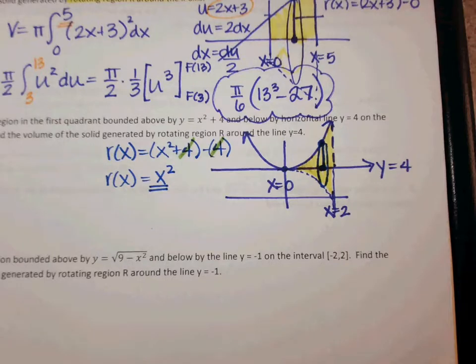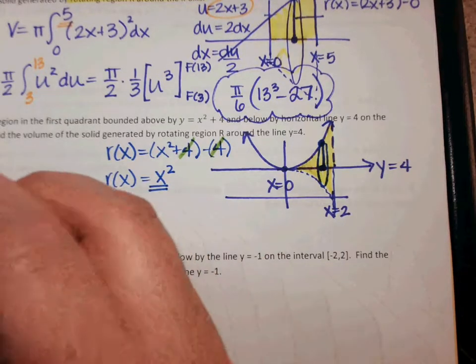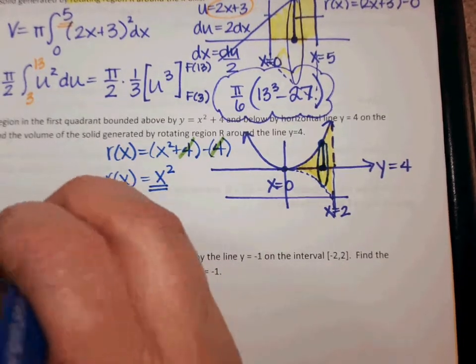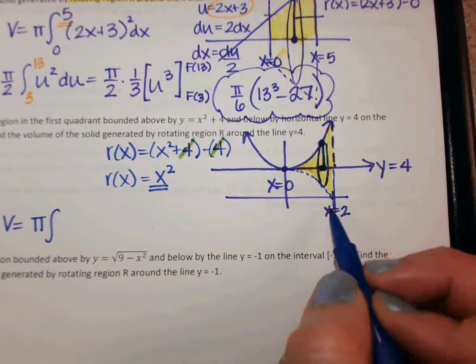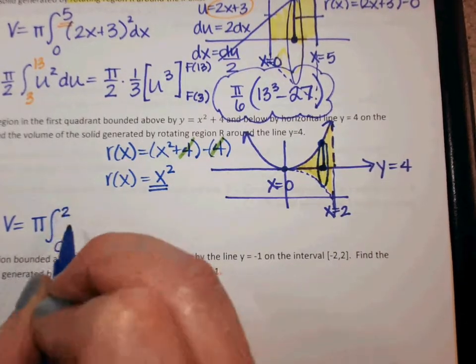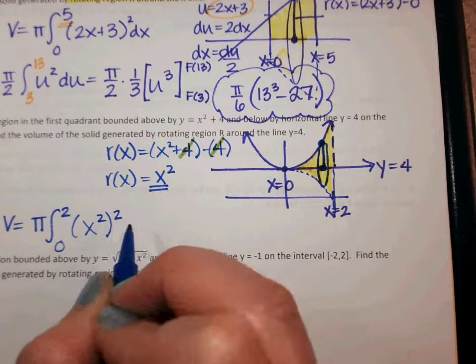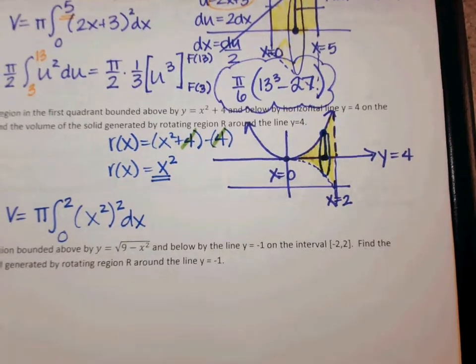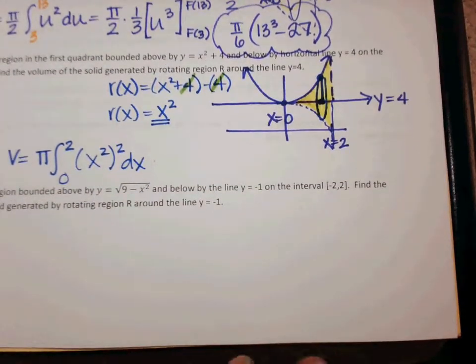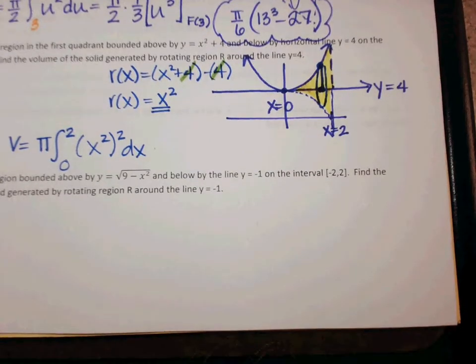Where am I going to integrate from? 0 till 2. And then it's going to be x squared squared dx. Questions about that? Good so far? Okay, alright, we have one more dx, then we're switching to dy.